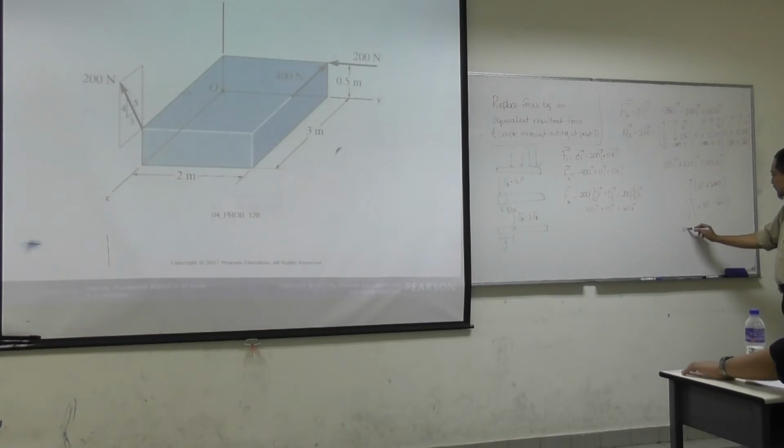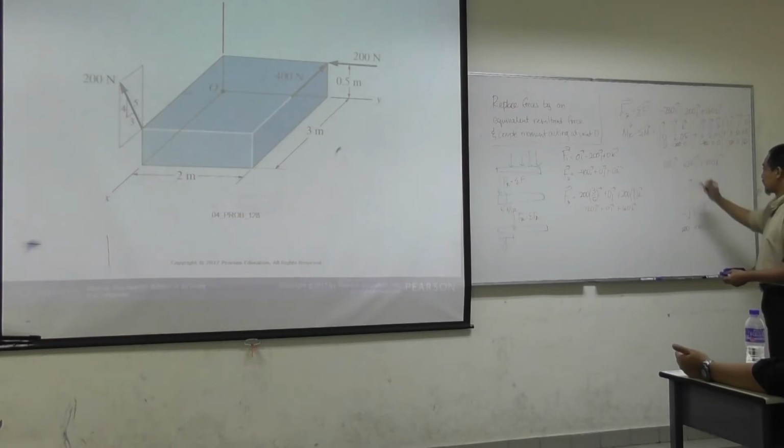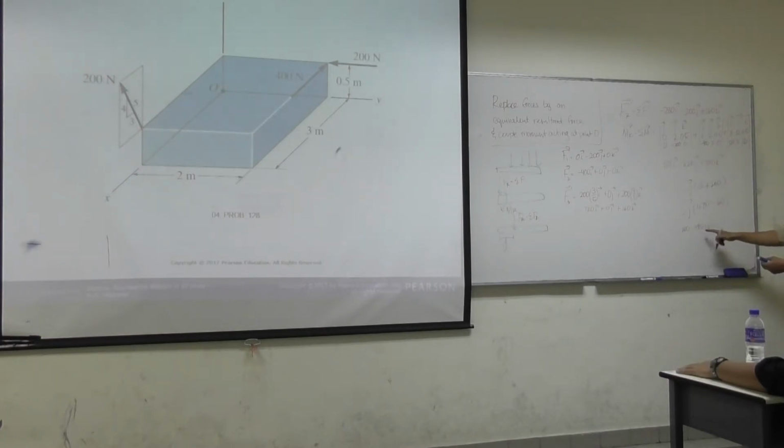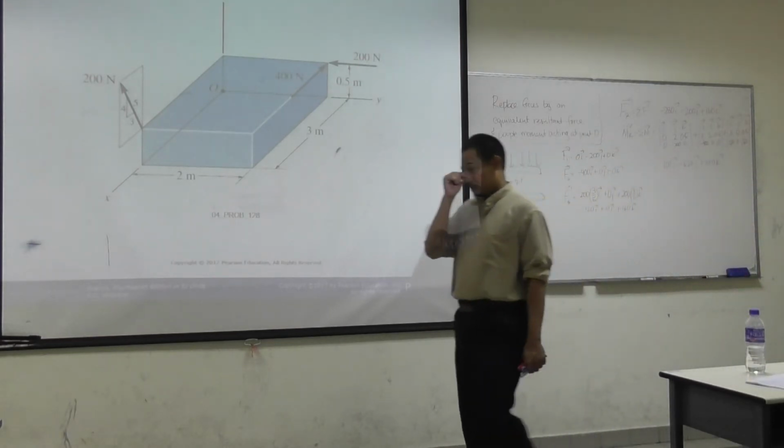It would be minus 200 plus 480 plus 60. So it's minus 620. So this one was a mistake.